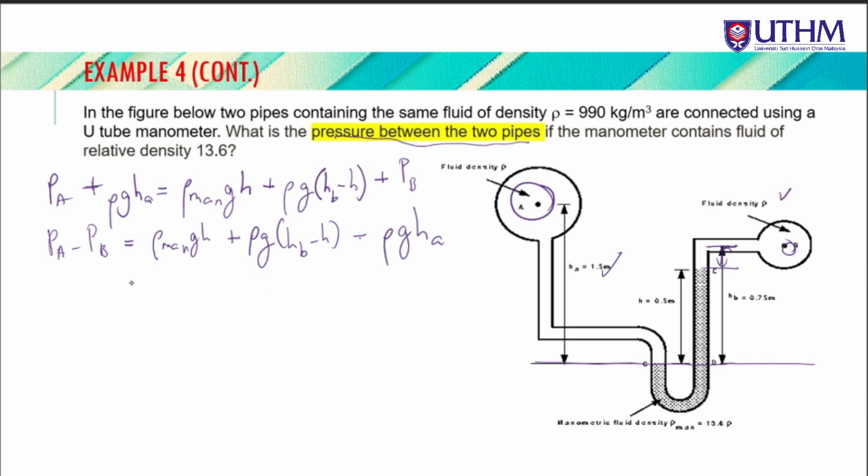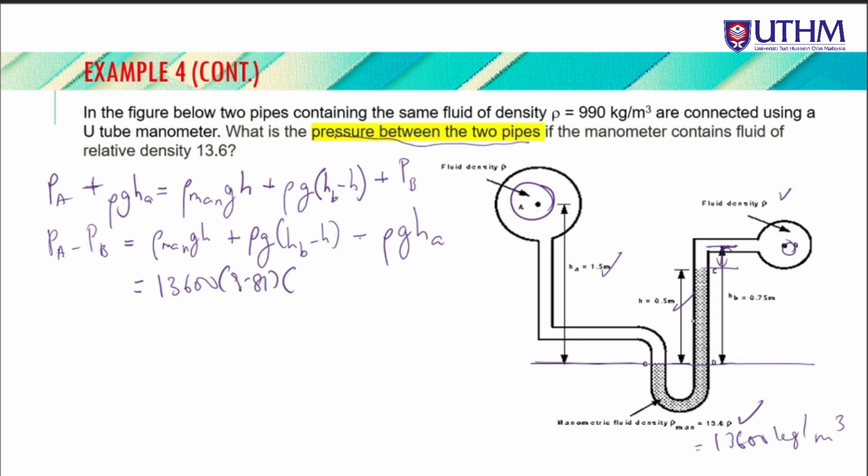Okay, so this would be equal to 13600, which is 13600 kilogram per meter cube, times 9.81, times H. Sorry, this one is not HA, I was confused, sorry, this one H equals 0.5.